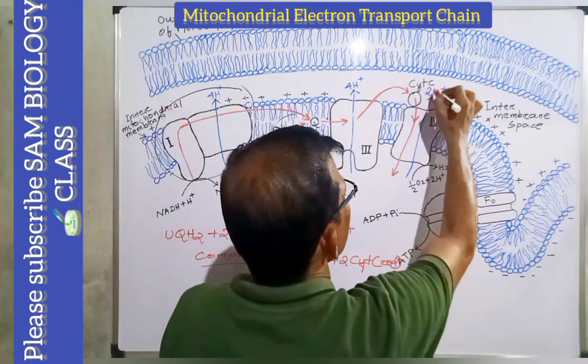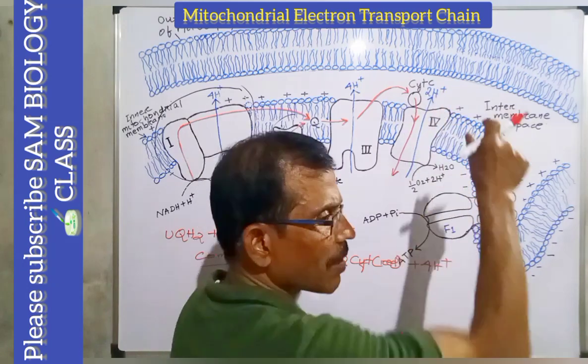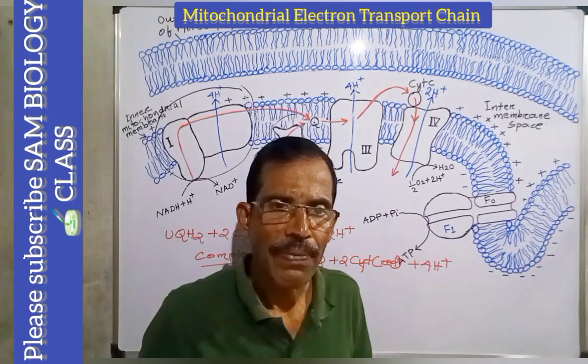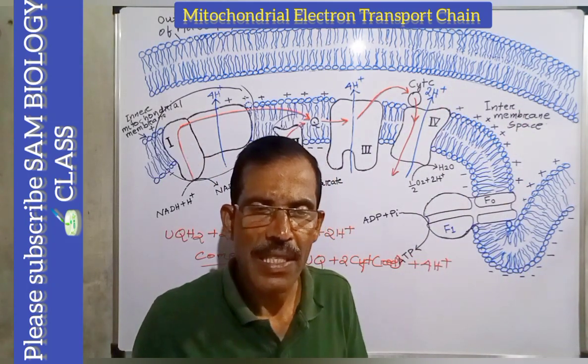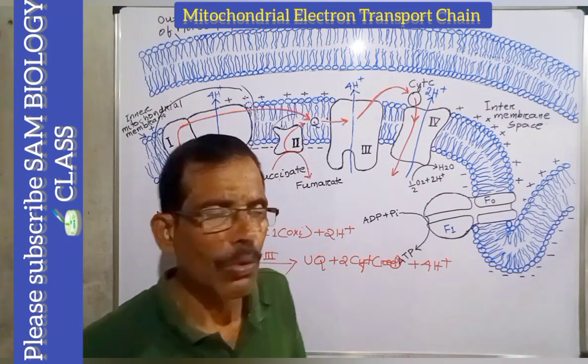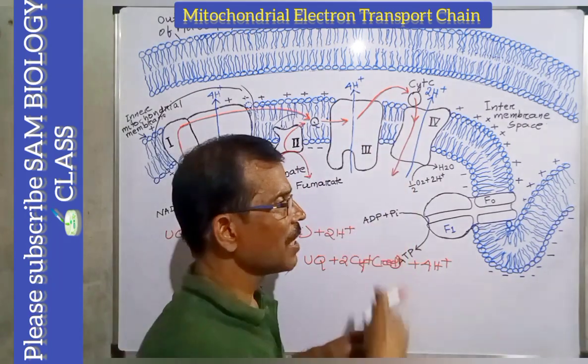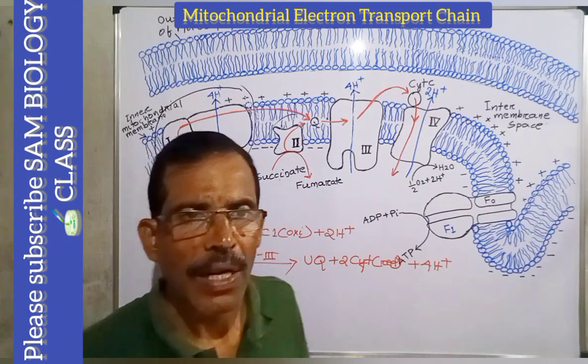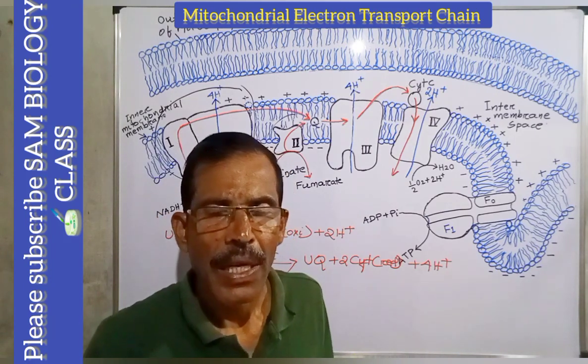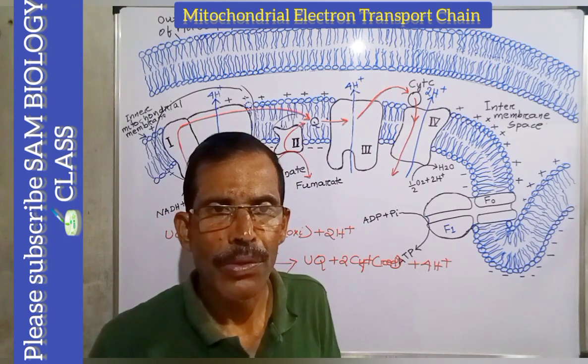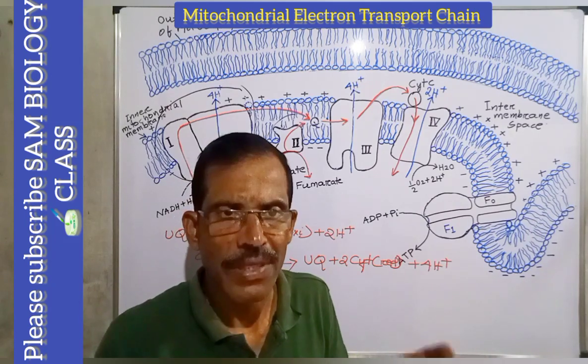Cytochrome C is a soluble protein in the intermembrane space. After its heme has received an electron from ubiquinol through complex 3, it moves to complex 4 where it donates its electron to a binuclear copper center.